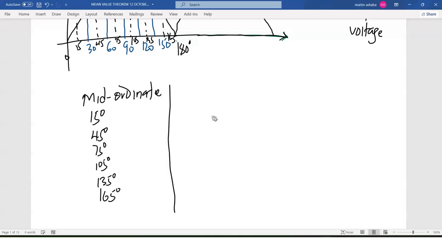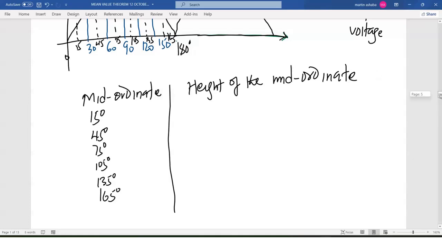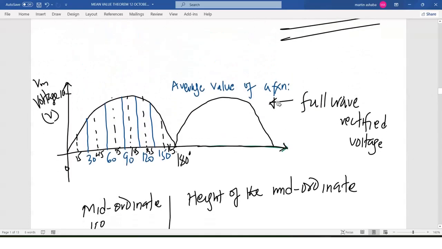And what is the value, or the height, of each mid-ordinate? Remember, this is defined by a function, 10 sine omega t, which is the same as 10 sine theta. That is what this signal represents.